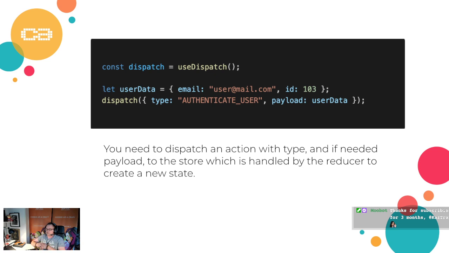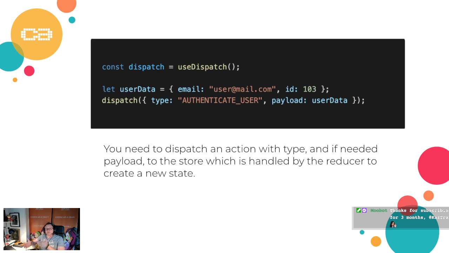We invoke that function, and then we create a variable called userData, for instance, with an object, and then we invoke this dispatch and send in this object, which is the action, with the type, in this case authenticate user, and the payload is userData.